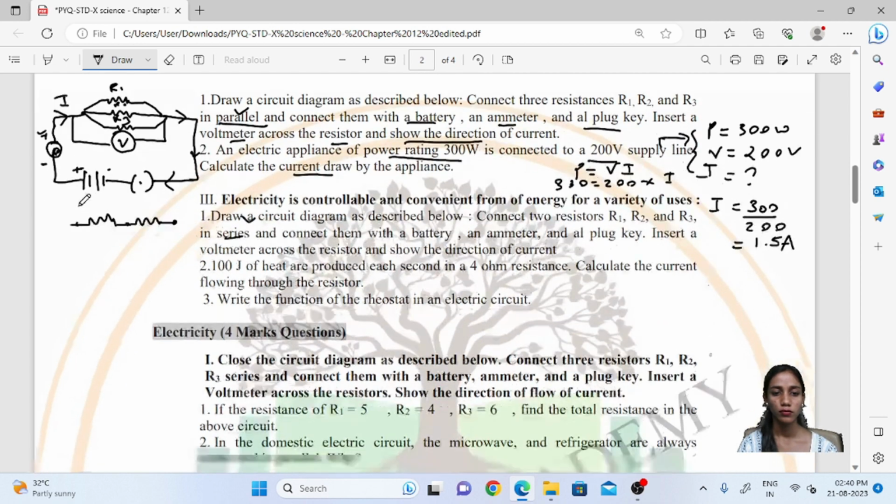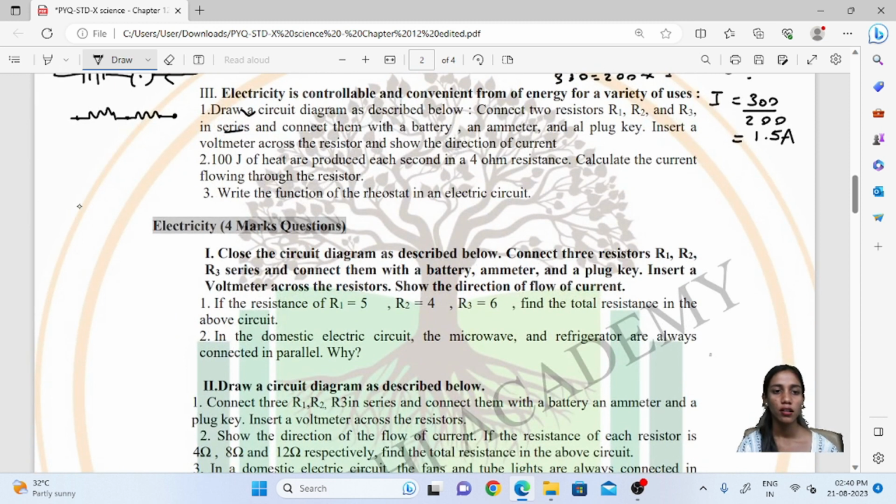Now the next is the problem. 100 joules of heat are produced each second in a 4 ohm resistance. Calculate the current flowing through the resistor. So what is given over here? First of all, 100 joules heat. So H is given as 100 joules each second.